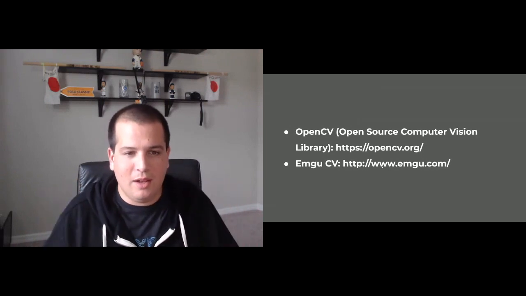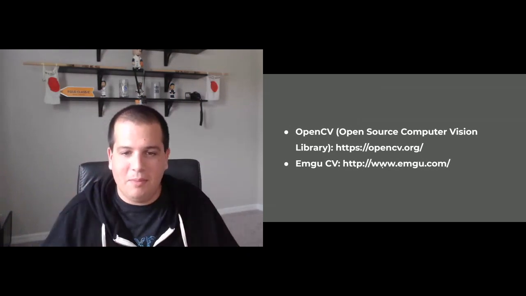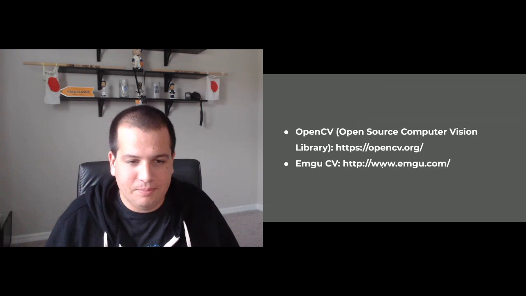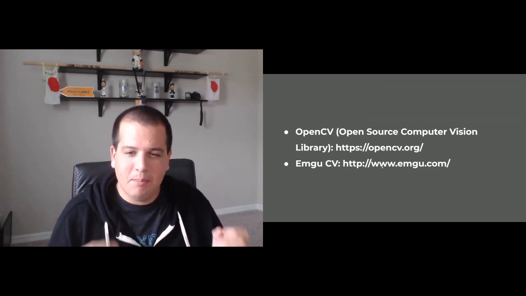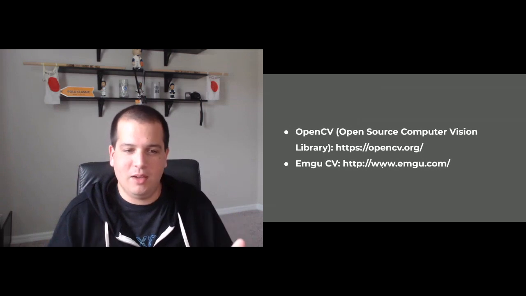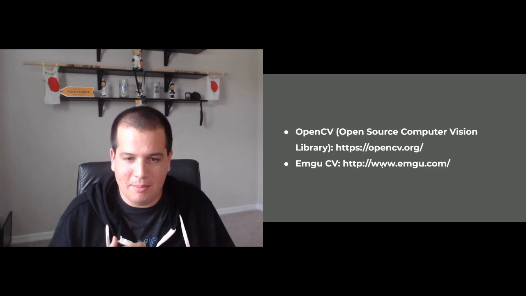Now, EmguCV is the .NET OpenCV wrapper that we'll be using, and it's widely available for the .NET framework and enables you to do quite a lot. And there is, for the most part, a one-to-one mapping between OpenCV and EmguCV. So most things that you can do with OpenCV, you can actually accomplish with Emgu.